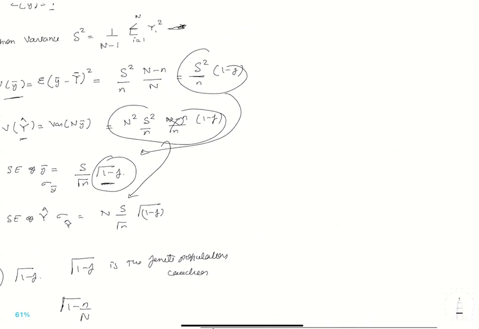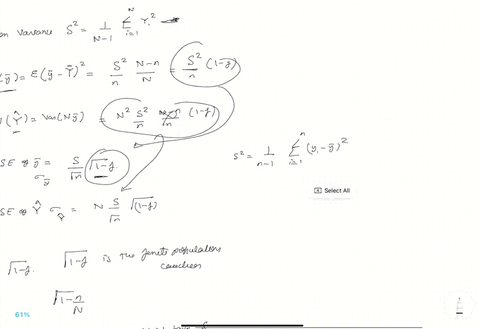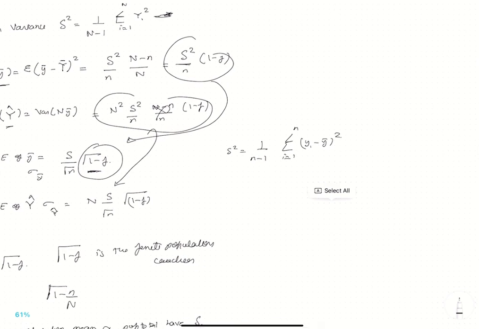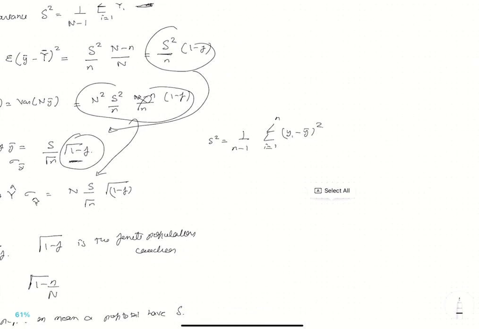And how do we get small s square? We get 1 upon n minus 1 times the sum from i equals 1 to n of (yi minus y bar) square. So you estimate it. Then you can also show that for SRSWOR, small s square is unbiased for capital S square.